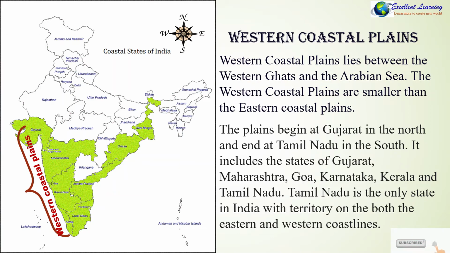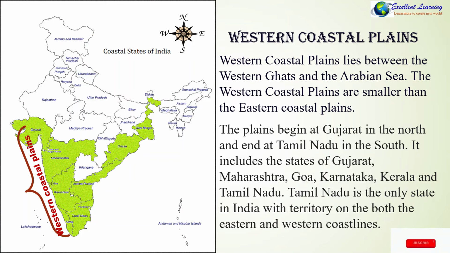Children, now we will find what states come under the western coastal plains. The western coastal plains lie between the Western Ghats and the Arabian Sea. The western coastal plains are smaller than the eastern coastal plains.